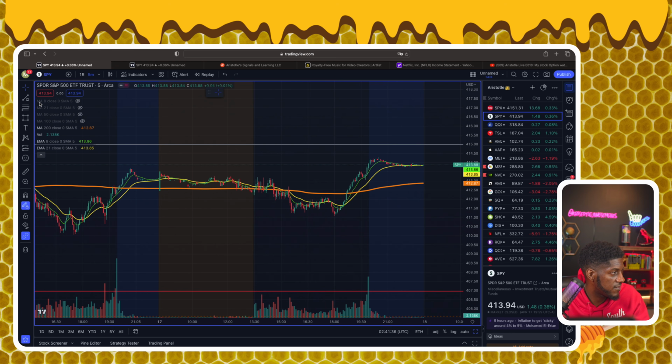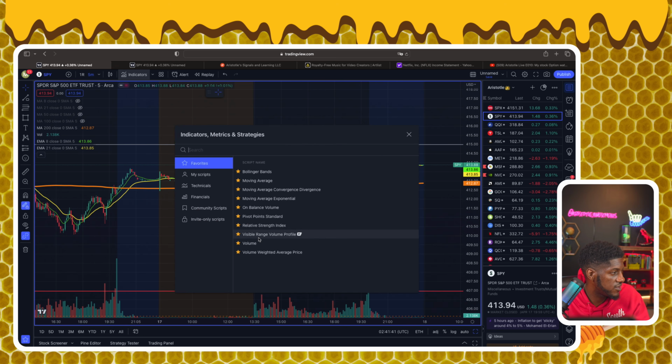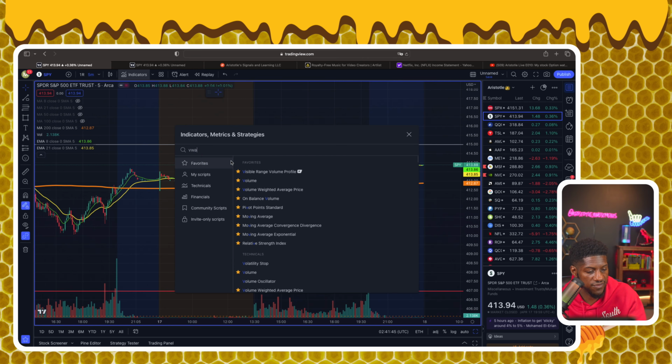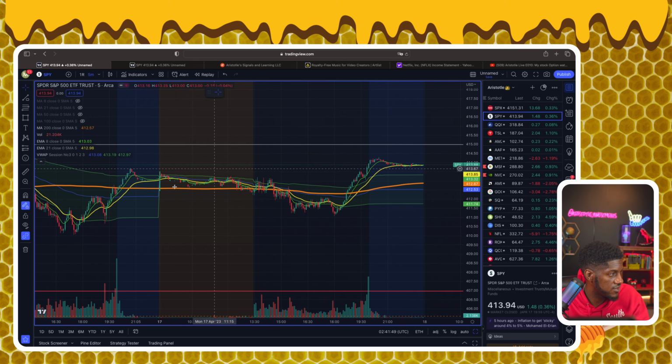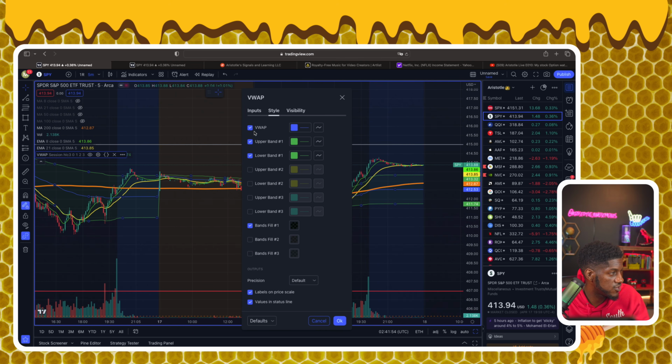And then I have my VWAP for when I'm day trading. So I go right here and you'll see it right here, volume weighted average price. But you can just type in VWAP and it'll come up. All right. So I got to take a lot of stuff off the VWAP. Glad we're showing this here. But I take that off, and that off, and whatever else it has.